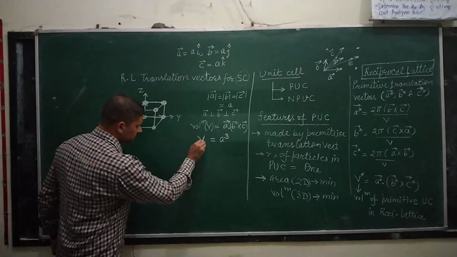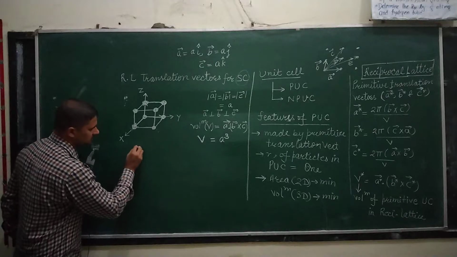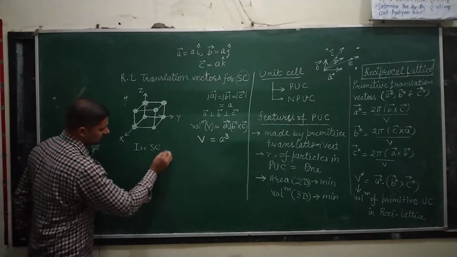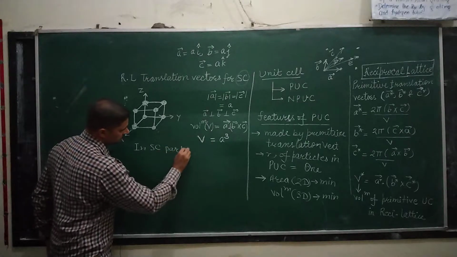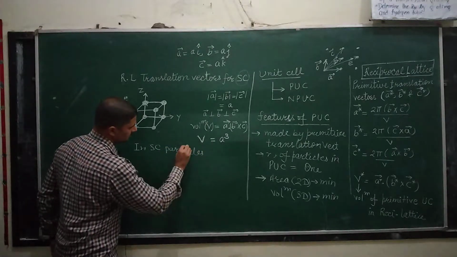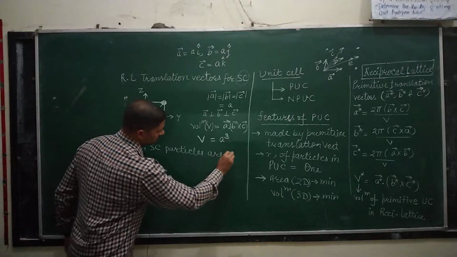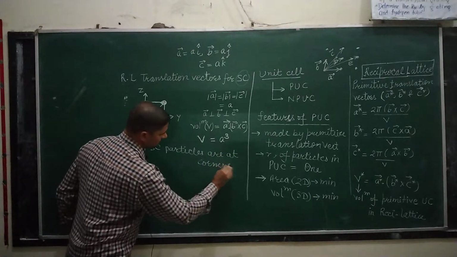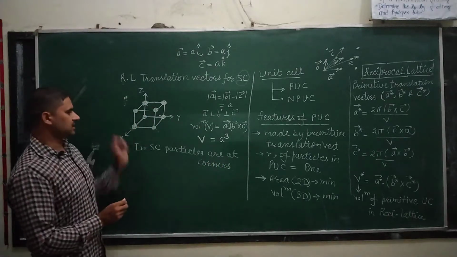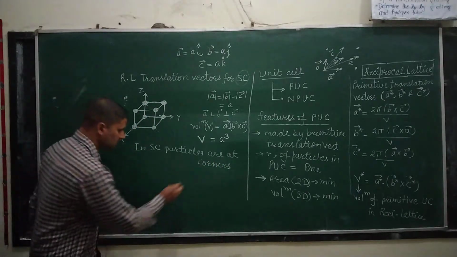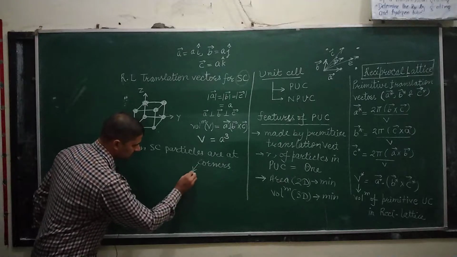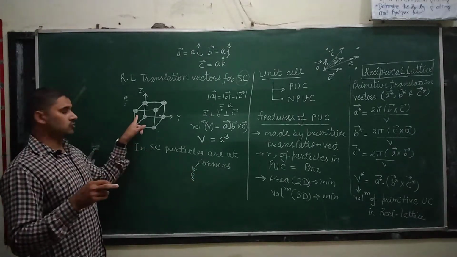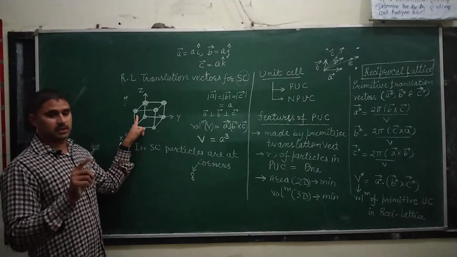So here we see the particles in simple cubic are at corners. So how many corners are there? There are 8 corners. And what is the contribution of one particle at the corner? It is 1 by 8.